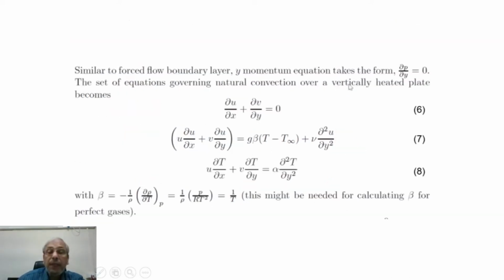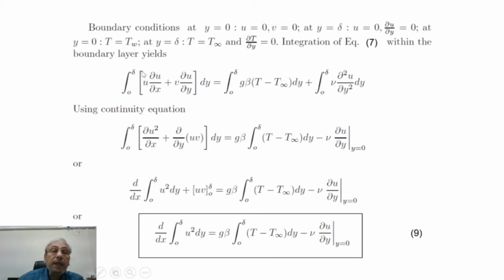Now if we integrate the momentum equation between 0 and delta, that means within the boundary layer, we can write: integral 0 to delta of u del u del x plus v del u del y dy, equals integral 0 to delta of g beta into t minus t infinity dy, plus integral 0 to delta of nu del 2u del y2 dy.